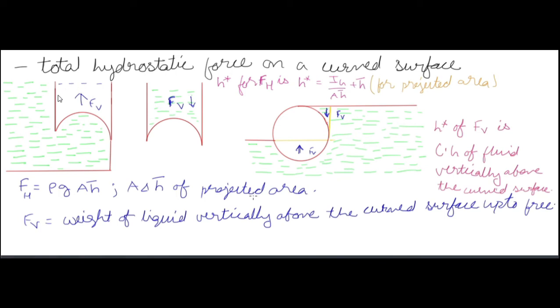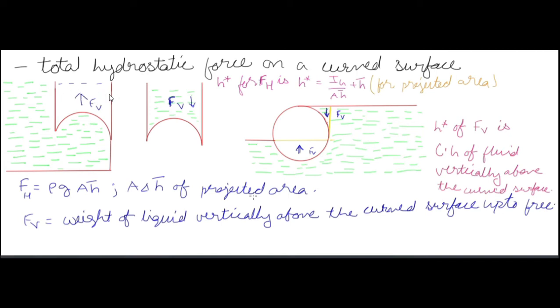If this area had not been here, the total height would have been the same, and the fluid would have been here. But you have not allotted the fluid, meaning the fluid has been displaced from this area, so here buoyancy is acting. So FV is this portion, the portion that has been removed.